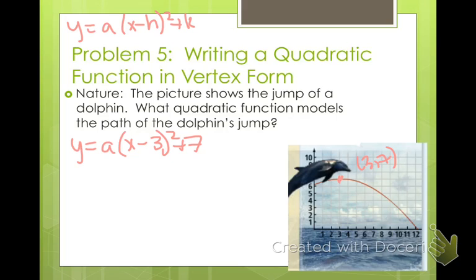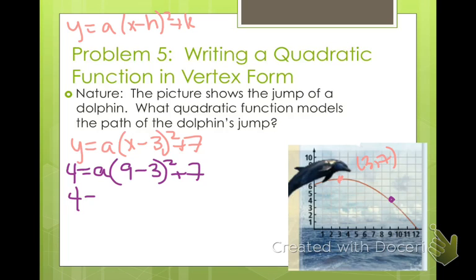Okay, now we don't know what our a is, but we could find it by picking another point on this line somewhere. So somewhere where the graph crosses, it looks like 9, 4 is another point where it crosses. So I'm going to go ahead and plug in 9 for x and 4 for y, and I'm going to solve this and find out what my a is.